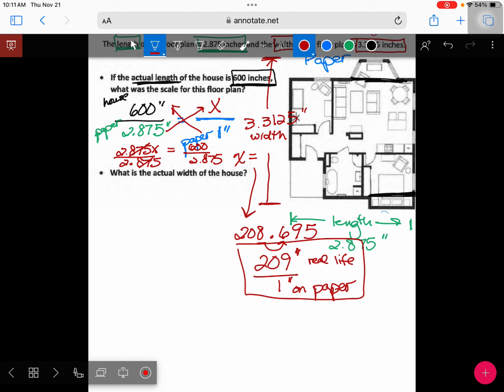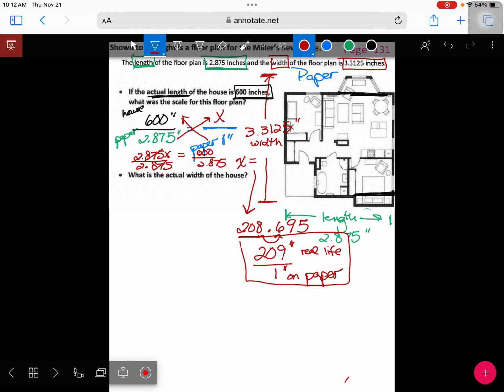All right, so then it says, what's the actual width of the house? Well, before we can find the actual width of the house, we have to know the width of the drawing. What's the width of the drawing?